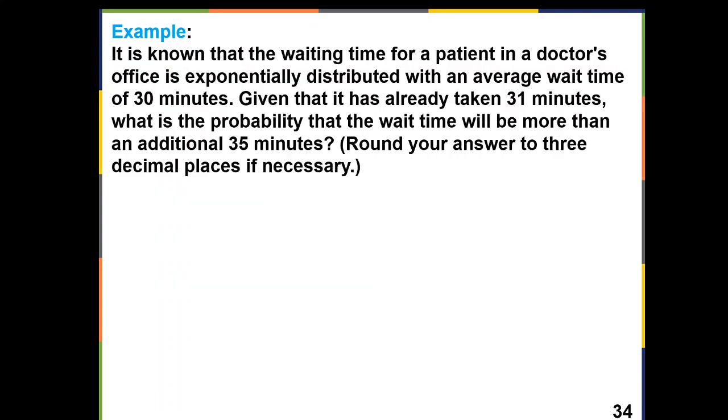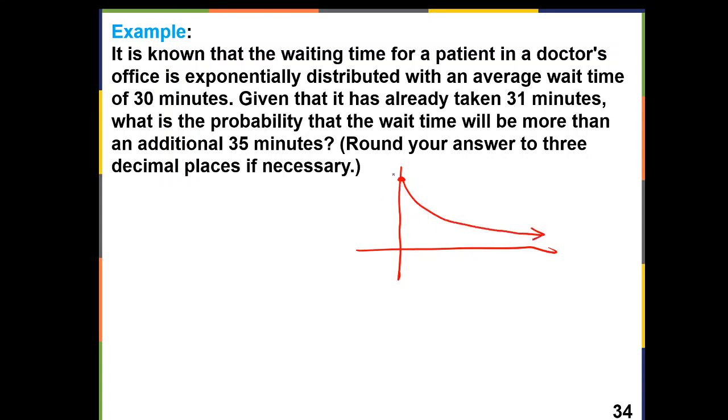All right, so it is known that the waiting time for a patient in a doctor's office is exponentially distributed with an average wait time of 30 minutes. Given that it has already taken 31 minutes, what's the probability that the wait time will be more than an additional 35 minutes? So basically, the situation here is an exponential, right?